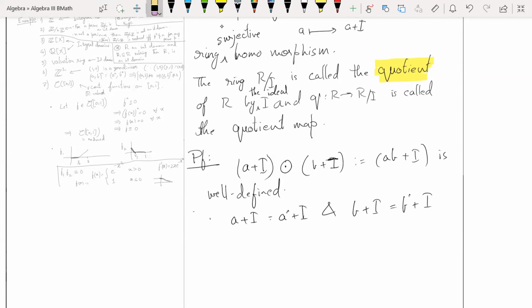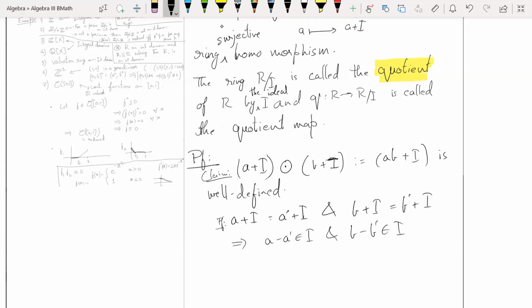So this is the claim, and now the proof of the claim. The statement implies A minus A prime belongs to I, since the two cosets are the same, and B minus B prime belongs to I.